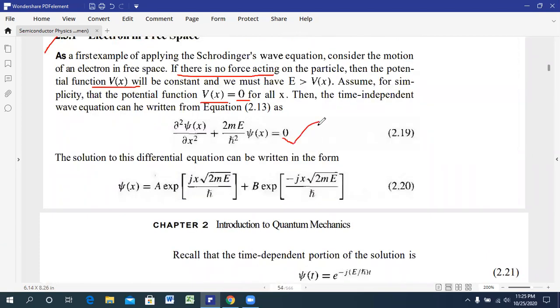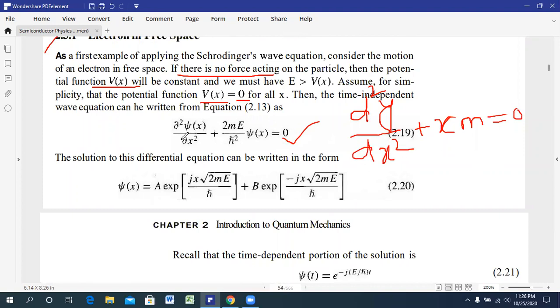Now this one is a second order differential equation. Second order differential equation means d square y divided by dx square plus m y equals 0, isn't it?